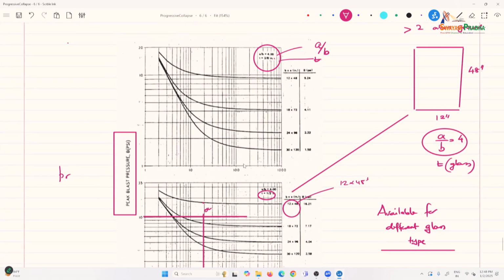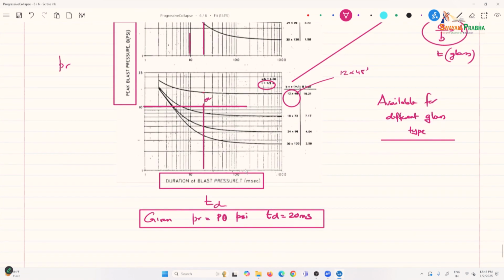Now let us look at 3/8 inch, 10 PSI coming from here, and TD is 20. So you are barely sufficient. So you can choose either thickness of glass, 3/8 inch or 1/4 inch, half inch for design purposes.